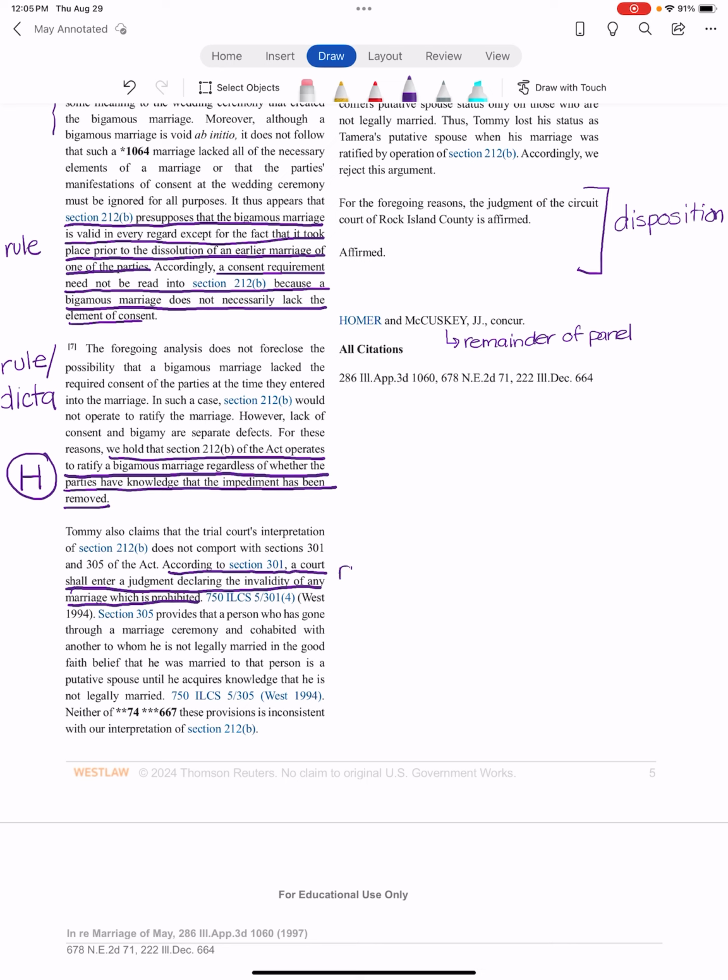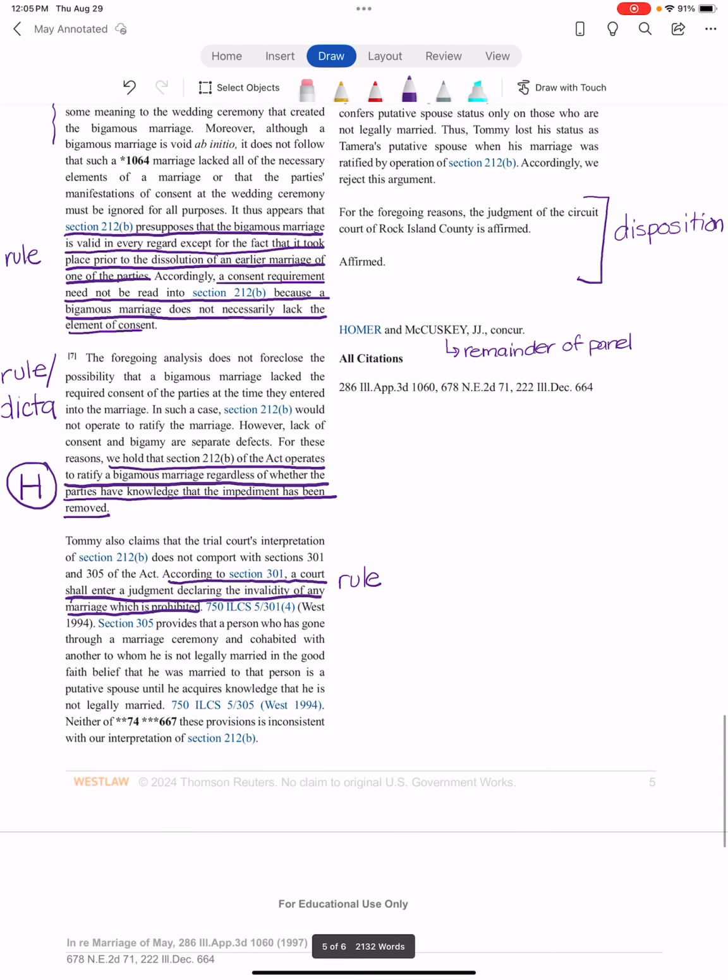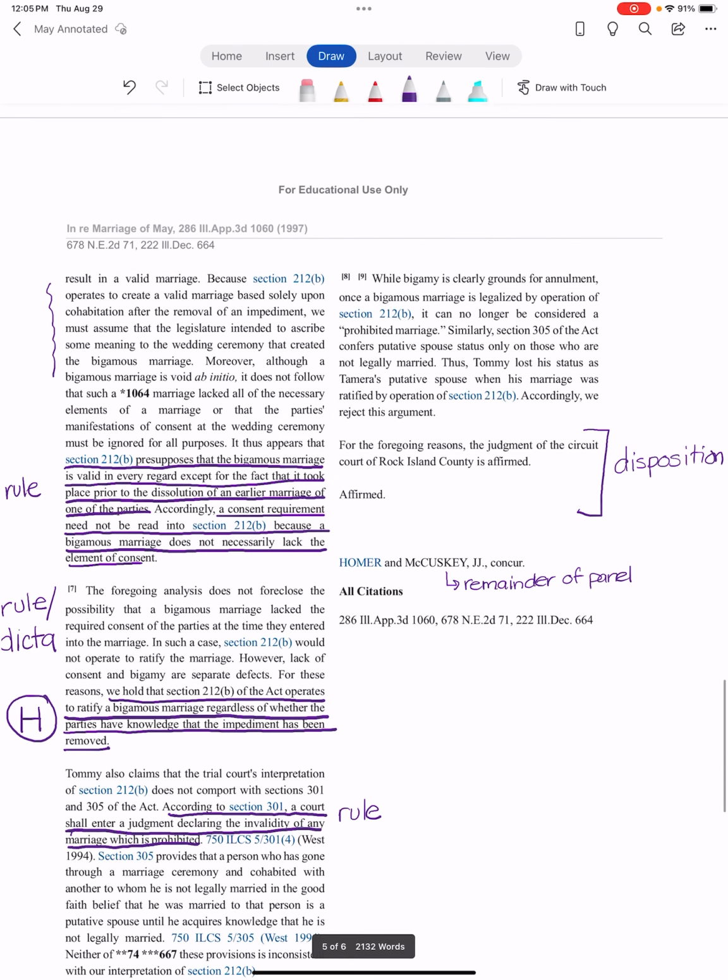So that was a rule. You know what this is over here in this paragraph? This is the reasoning. R with a circle. This is why or how the court decided what it did.